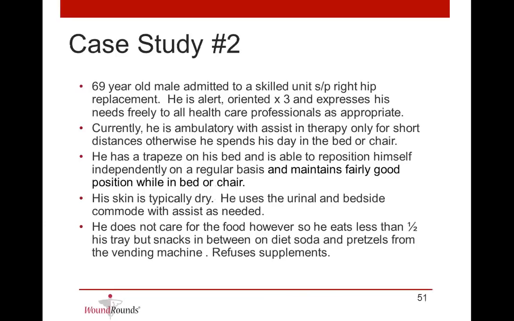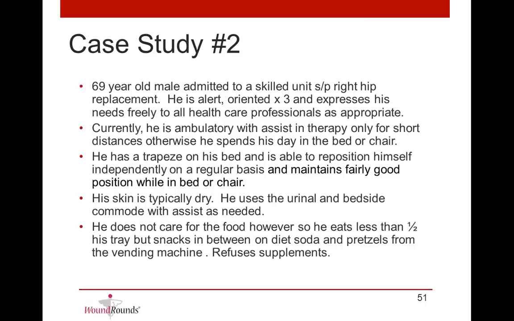Case study number 2 is a 69-year-old male admitted to a skilled unit, status post right hip replacement. He's alert and oriented ×3, expresses his needs freely to all healthcare professionals as appropriate. He is currently ambulatory with assistance from therapy for only short distances, otherwise he spends his day in the bedside chair. He does have a trapeze.